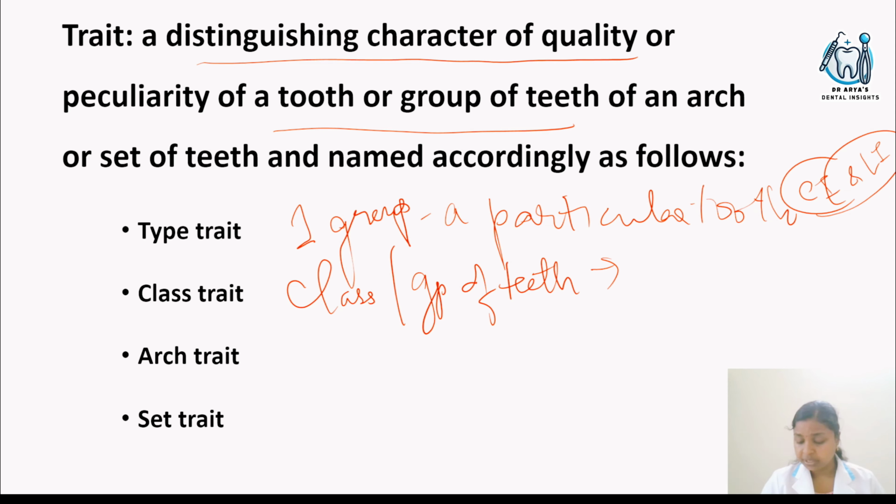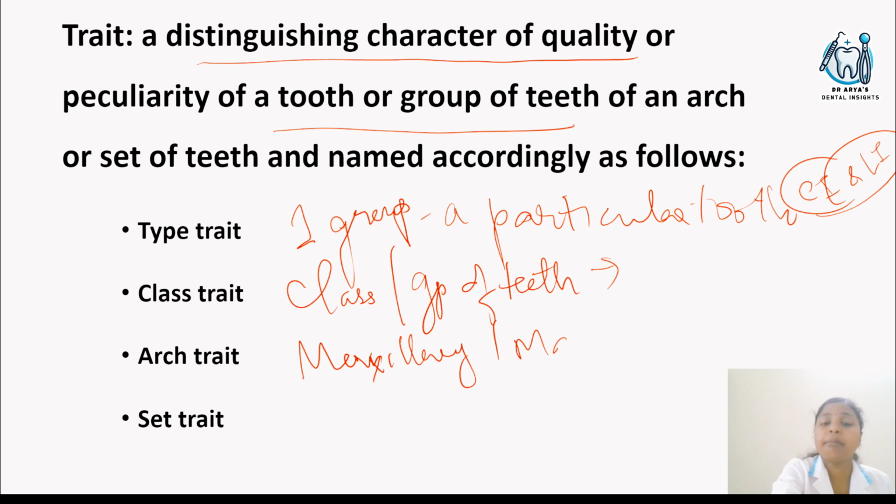This is a character or peculiarity of teeth of the maxillary or mandibular arch, so it is based on the arch. An example is that all maxillary molars have an oblique ridge on the occlusal aspect.